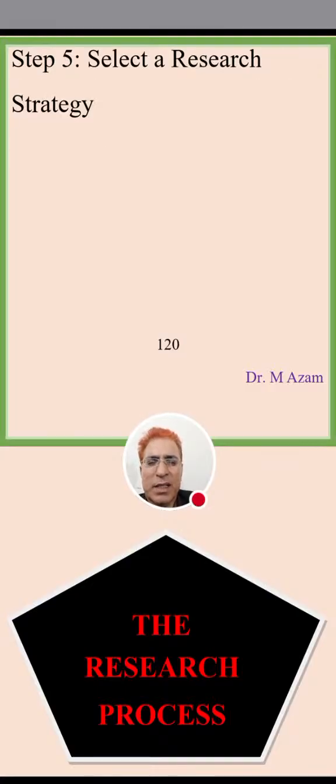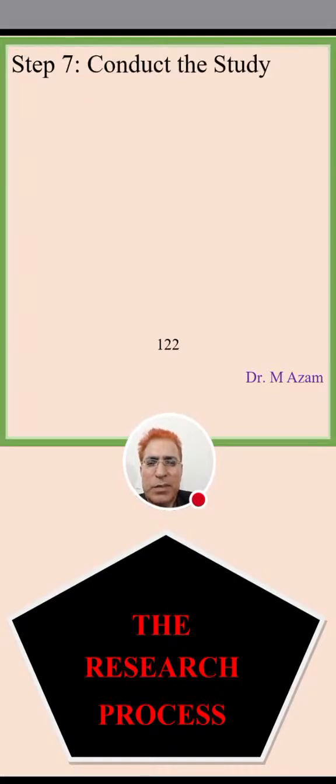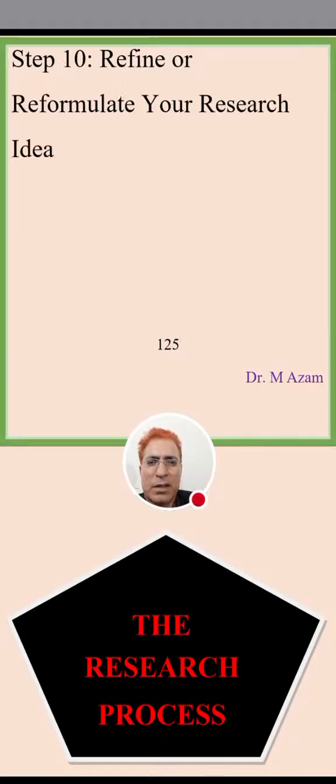Step 5, select a research strategy. Step 6, select a research design. Step 7, conduct the study. Step 8, evaluate the data. Step 9, report the results. And step 10, refine or reformulate your research idea.